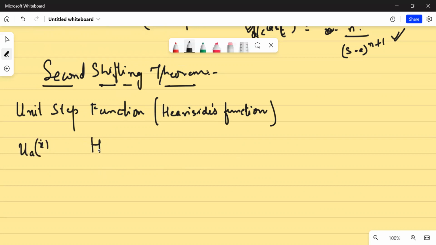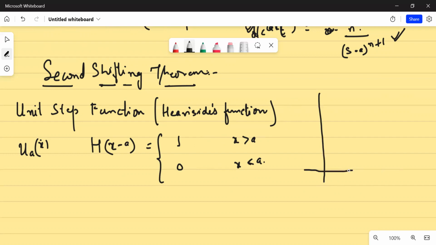I will use the notation h of x minus a. h of x minus a is equal to 1 if x is greater than a, and it is equal to 0 if x is less than a. This is called the unit step function, or Heaviside's unit step function.